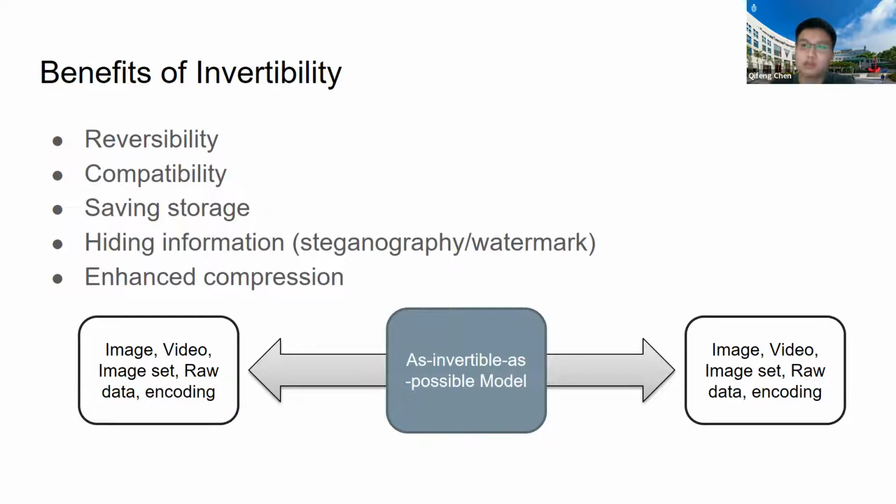We only need to keep the RGB image, and at the same time, we can recover the raw data. That's very large, usually tens of megabytes. And there is a related task, steganography or watermark. It can also be used for hiding some information. And we also saw that it can improve the compression capability.